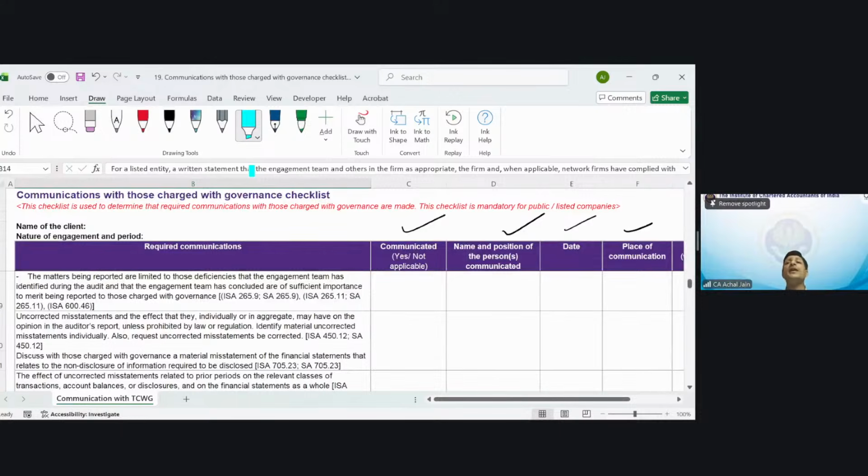Now it's important for TCWG to be communicated about uncorrected misstatements as well as corrected misstatements. Why? Because even if those misstatements are corrected, they were there in the first place.